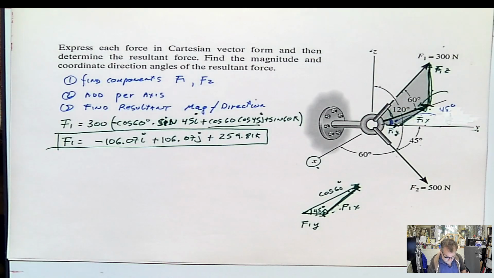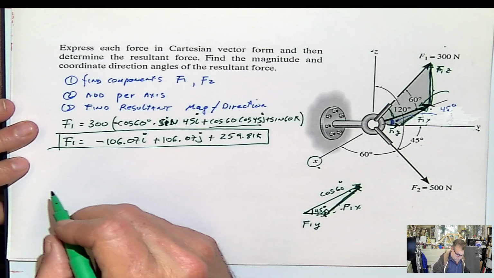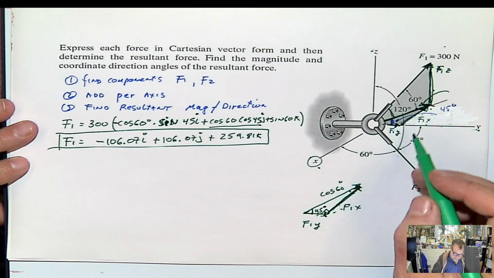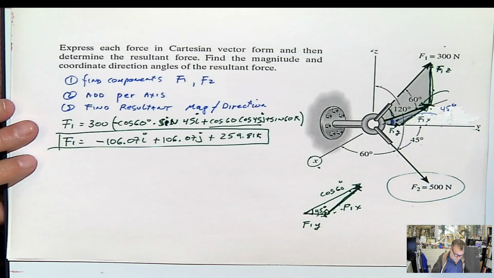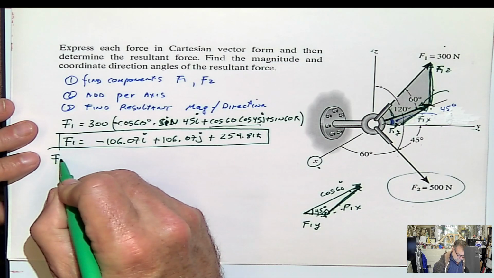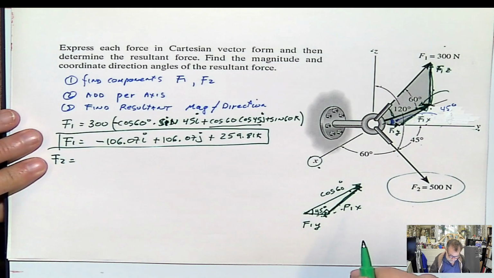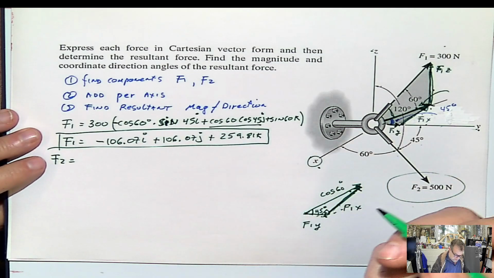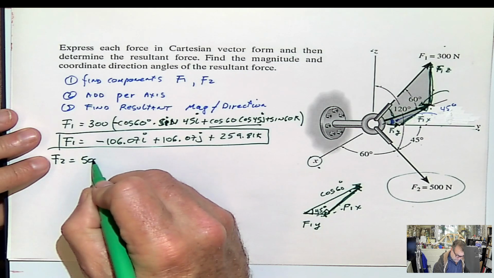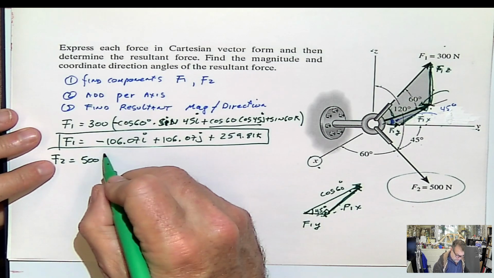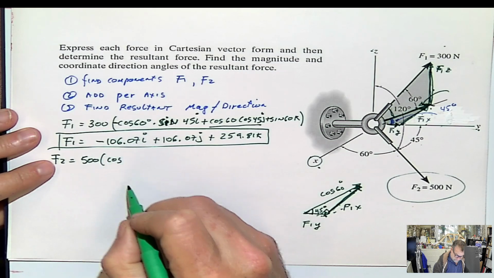For force 2, things are easier because force 2 is just alpha, beta, and gamma, and the magnitude of the force is known. So force 2 will be just the magnitude of the force, which is 500, multiplied by cosine alpha.